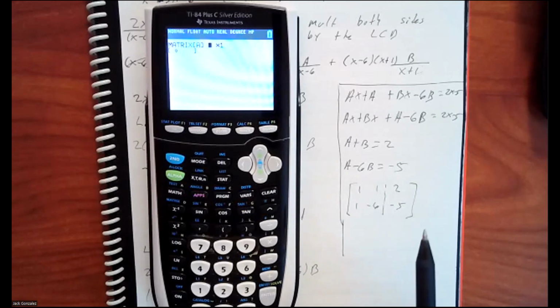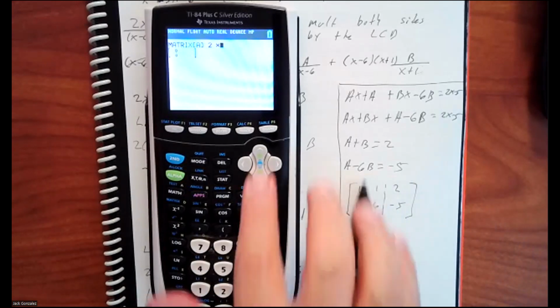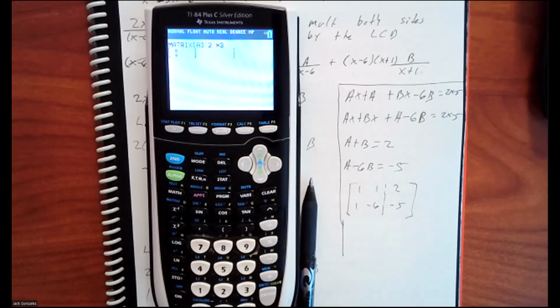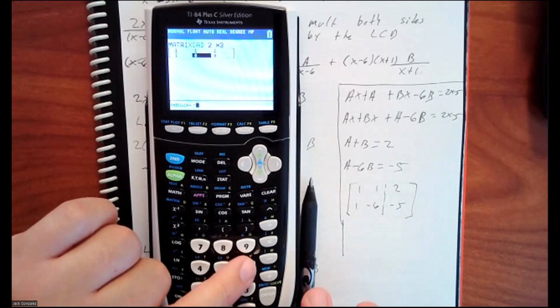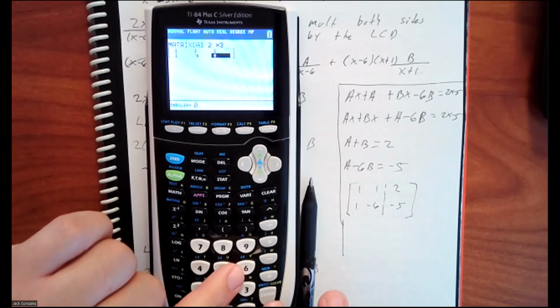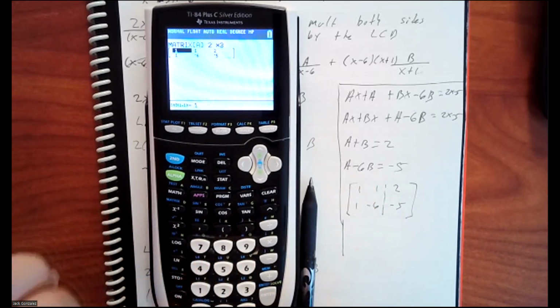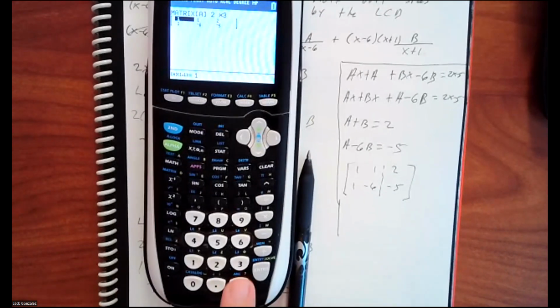I always think of RC Cola to remember. Row first, column second. So 1, 1, 2, just press enter when you type it in. Make sure you use a negative symbol, not the minus symbol. They're different. You'll get an error if you use minus. You gotta put the negative down here.